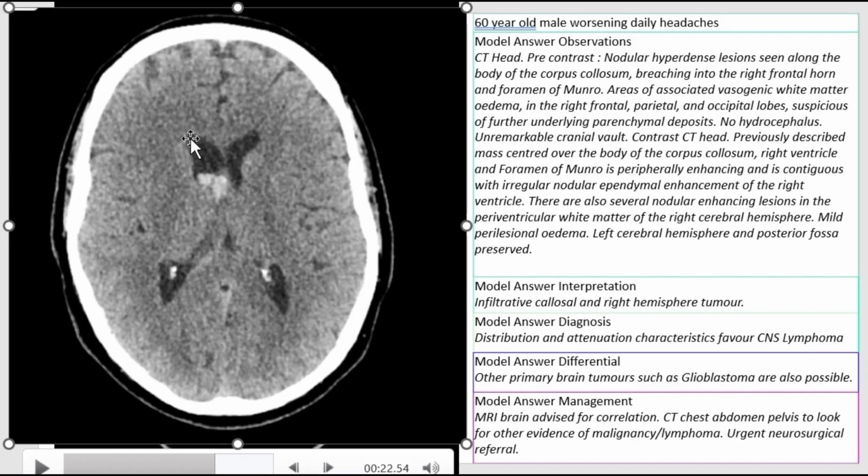The two frontal horns of the lateral ventricle will be seen at this level, and the two occipital horns of the lateral ventricle. The white matter connecting fibers here is the genu of the corpus callosum, anterior to the frontal horns of the lateral ventricle.